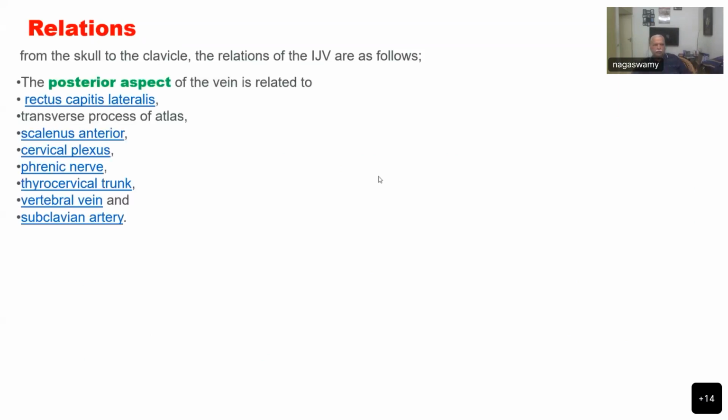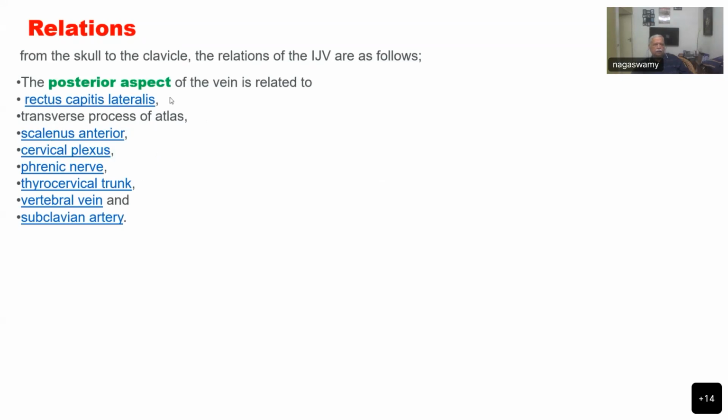And then coming to the relationships from the skull to the clavicle, I just grossly mention what they are. In the posterior aspect, you have rectus capitis lateralis, transverse process of atlas, scalenus anterior, cervical plexus, phrenic nerve, thyrocervical trunk, vertebral vein, and subclavian vein.